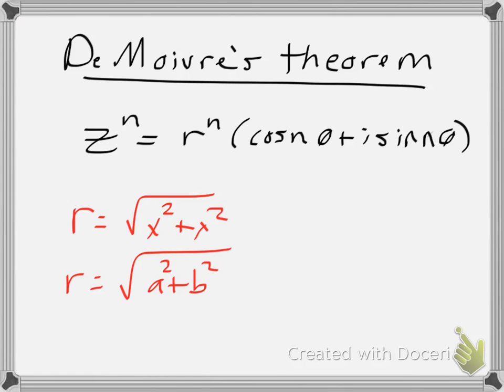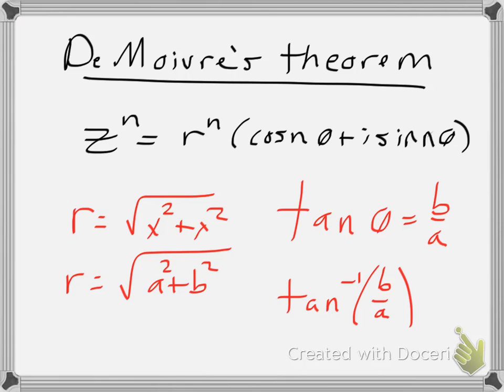We're finding the length of a hypotenuse. Theta we'll get using our formula, tangent of theta equals b over a, or inverse tangent of b over a equals theta.